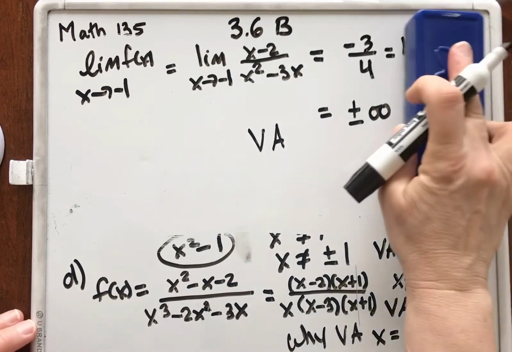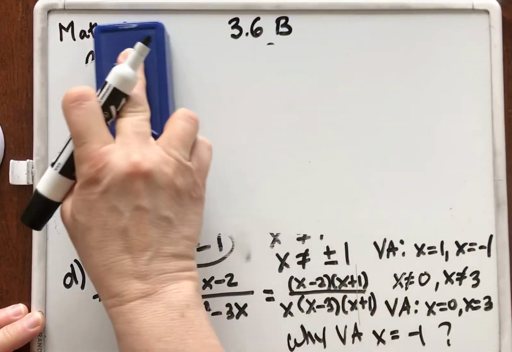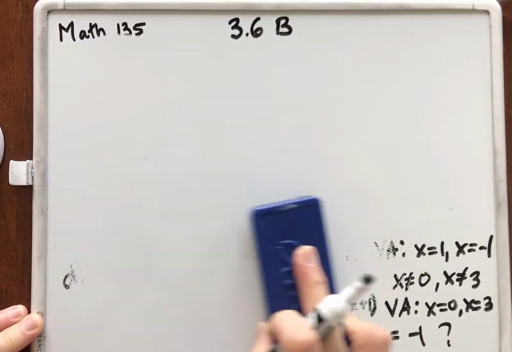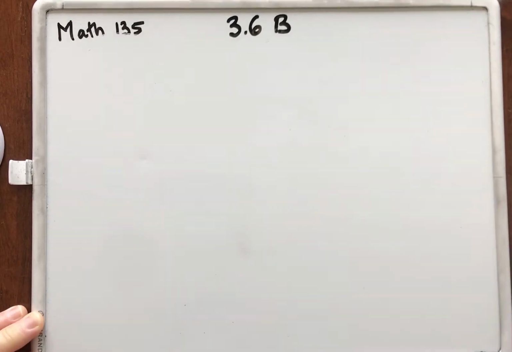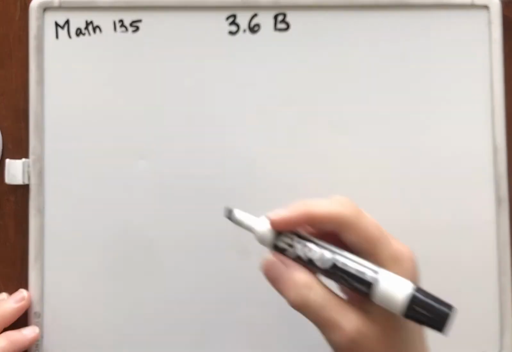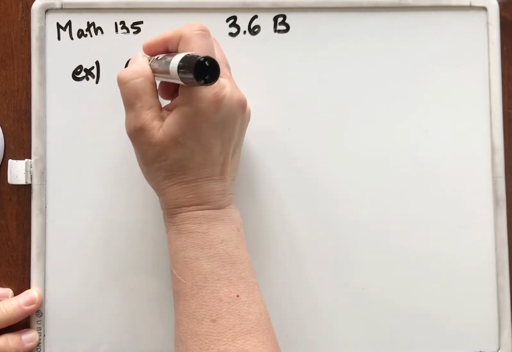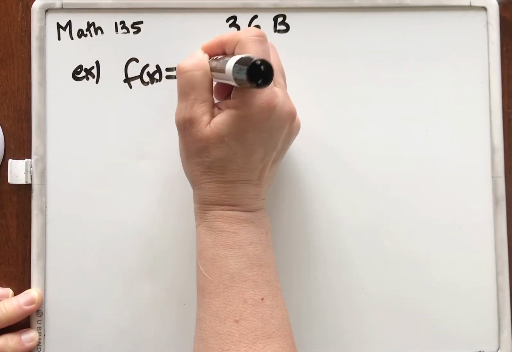Okay, a couple more examples, and then we'll go on to 3.6c. These I'm just going to write and show you to save some time. So here's an example. f of x equals log x.